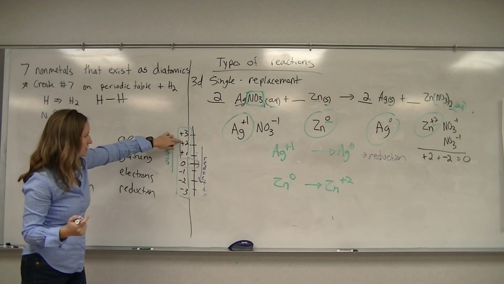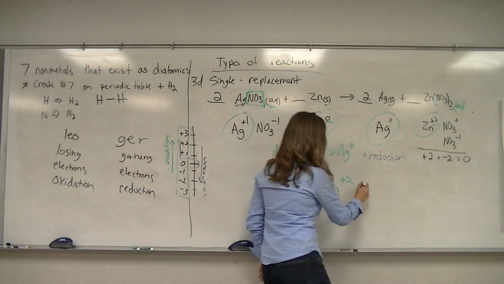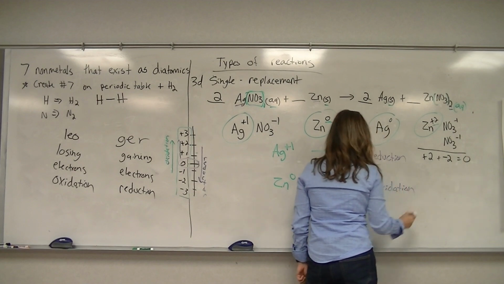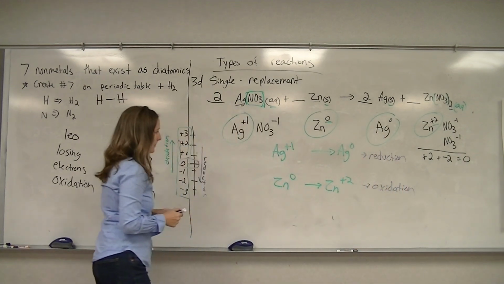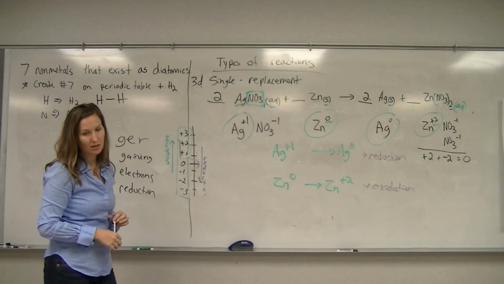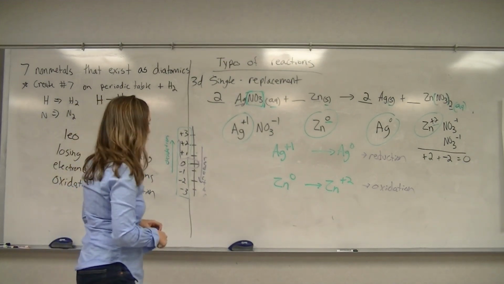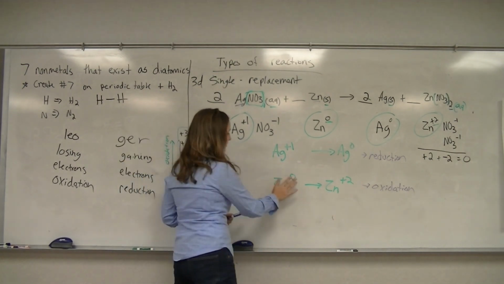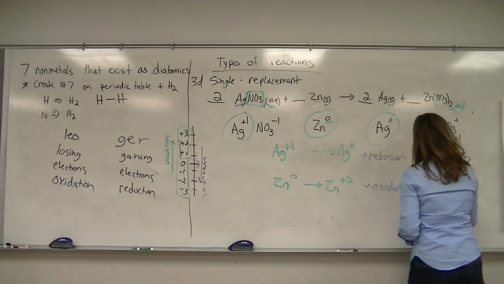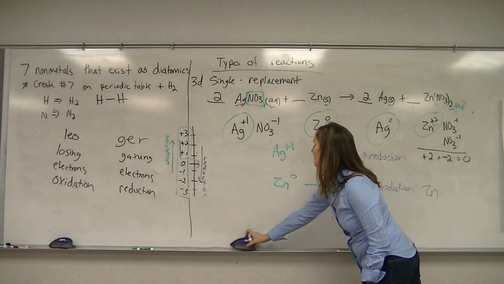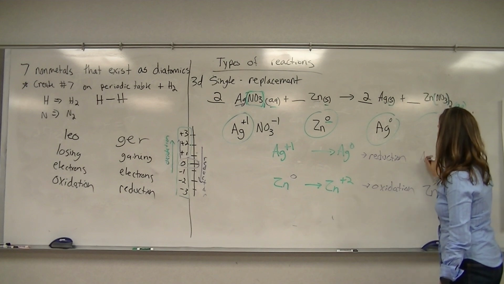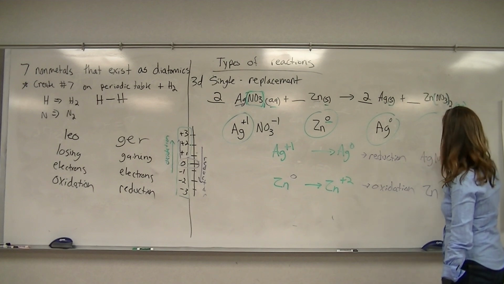So going in the upward direction is oxidation. So the answer would be the substance being oxidized would be zinc. I guess I can just write that here. The substance being reduced would be the silver.